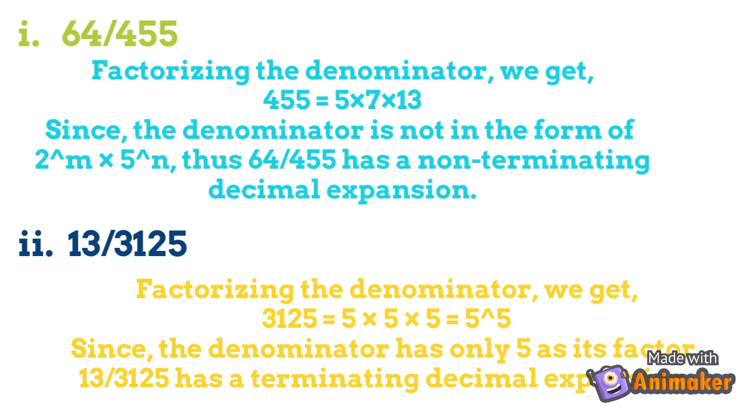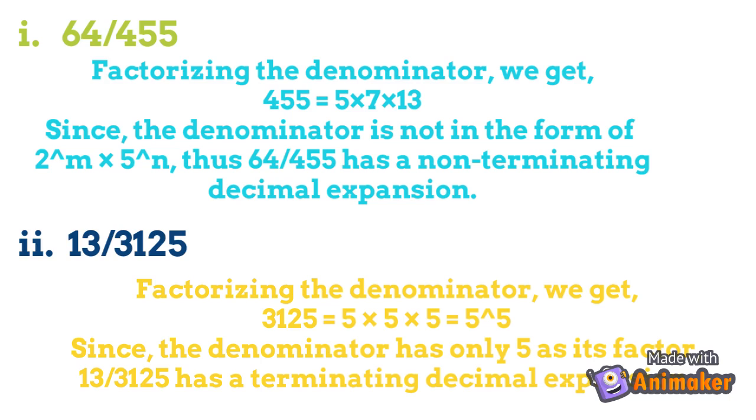So in your mind there is a question that it is not in the form of 2 to the power m into 5 to the power n, right? So it should not be a terminating decimal expansion, but no, it will be a terminating decimal expansion, because 5 is there. Or if 2 would be over here, then also it would be a terminating decimal expansion, right?